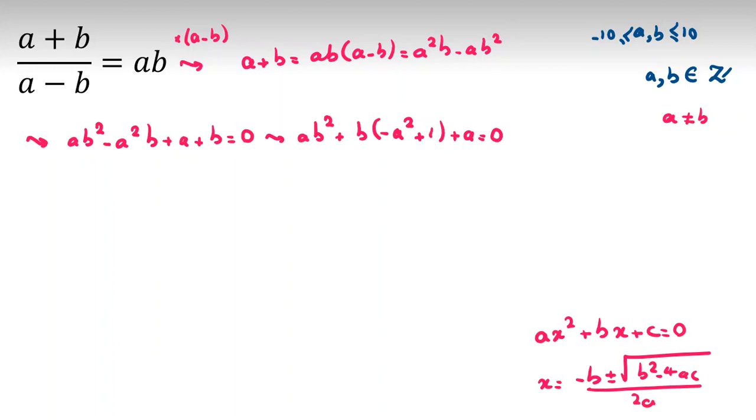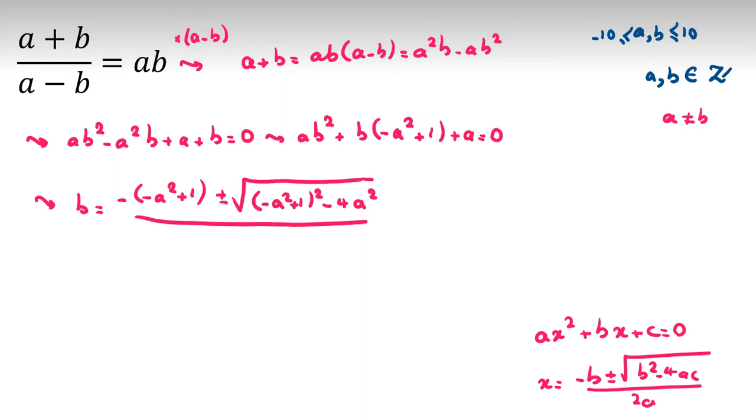If I use the same formula, b equals negative (negative a squared plus 1) plus or minus the square root of (negative a squared plus 1) squared minus 4a squared, all over 2a.